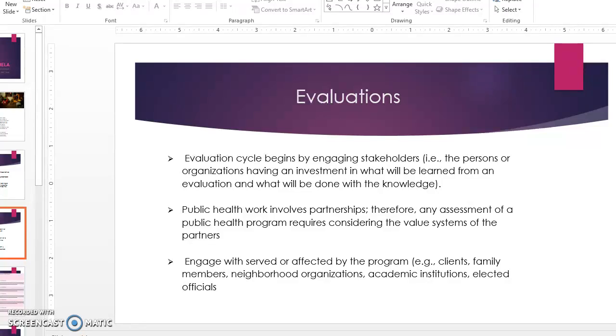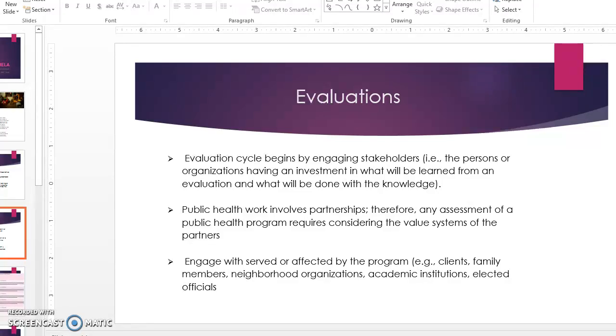This next slide goes into the evaluation cycle, and again we're talking about the stakeholders, persons or organizations which have a vested interest within the country, to ask them for help for the people of Venezuela.